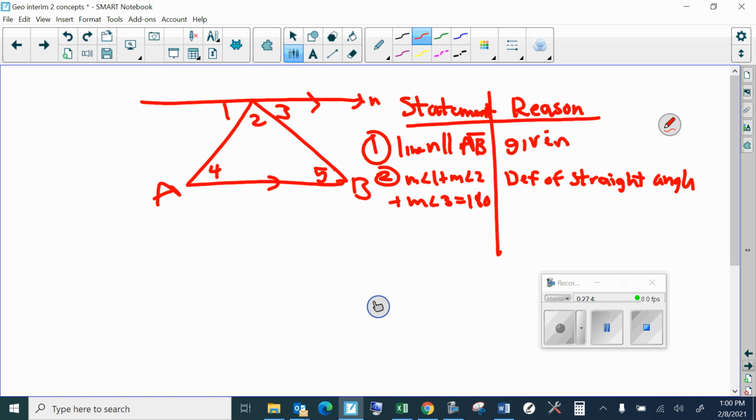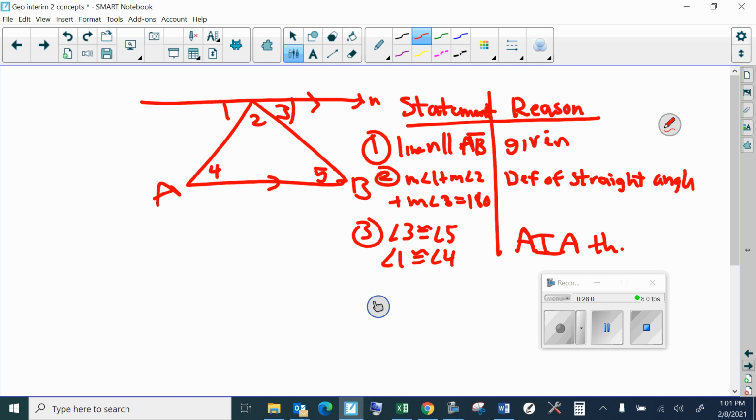Next, I know that angle 3 is congruent to angle 5, and angle 1 is congruent to angle 4, don't I? Remember I said, whenever you see parallel lines cut by a transversal, the very first thing you should be thinking is AIA, the alternate interior angles theorem. Talked about this.